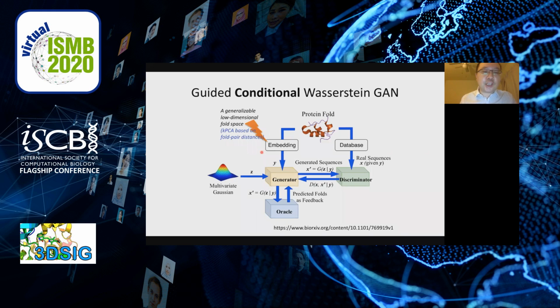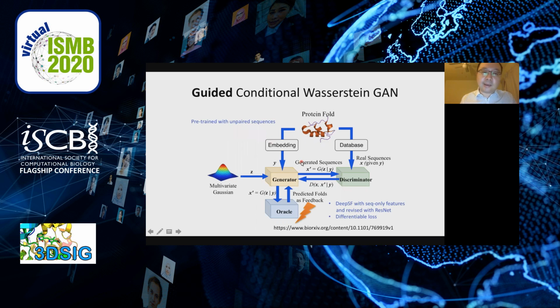It's a conditional GAN because we are conditioning the sequence generator on the desired property, in this case, the fold. We actually use the pairwise distances between the fold pairs and design a generalizable low-dimensional fold space, so based on some of the folds, we can represent the other folds.